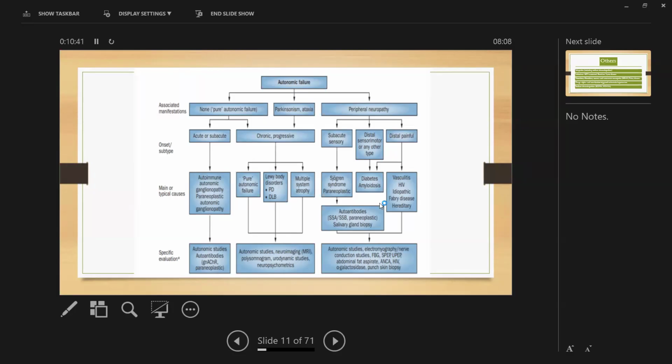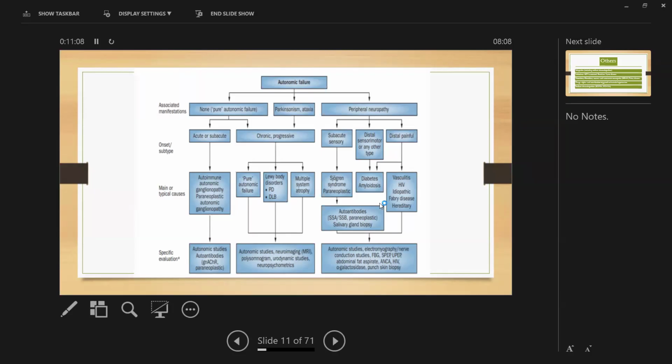Other things, like peripheral neuropathy, for example Sjogren syndrome and paraneoplastic, affect the peripheral nerves along with the autonomic fibers. The common things we think of are distal sensory motor neuropathy, diabetes and amyloidosis. Other causes are vasculitis and infectious causes like HIV; hereditary causes also cause peripheral neuropathy along with autonomic failure.